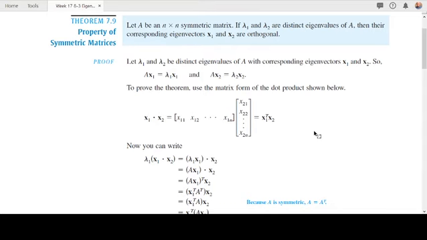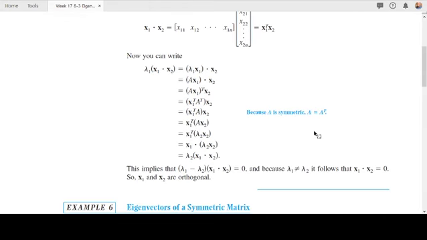So you look at the dot product of x1 and x2, as matrix multiplication, where x1 is a row vector and x2 is a column vector. Denote that by the transpose of x1 times x2.